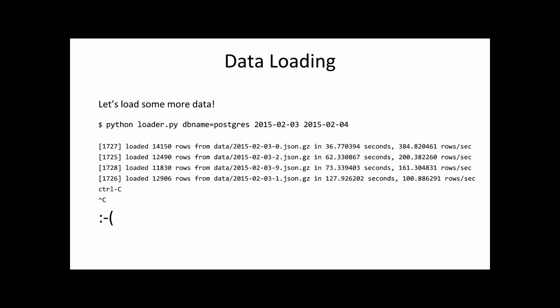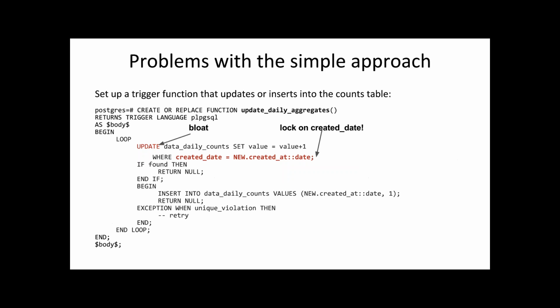What's happening here? The update or inserts on the cache table shouldn't actually be that expensive. But whenever an insert happens on the data table, and there are a lot of inserts to do, they all update the same row, and that means they all end up taking a lock on that row for that one date.